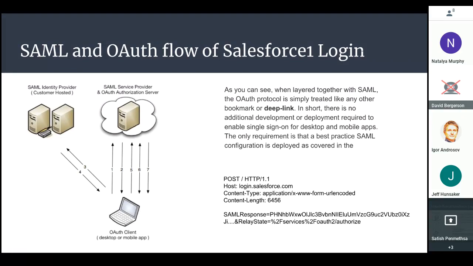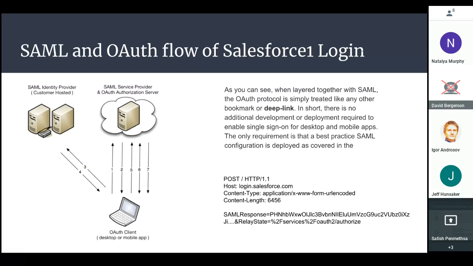Somewhere in that flow, there is also this deep link to the OAuth way to authenticate, and that's how the OAuth flow takes over. Then it starts to get a high entropy access token using that flow, and eventually establishes an access token.